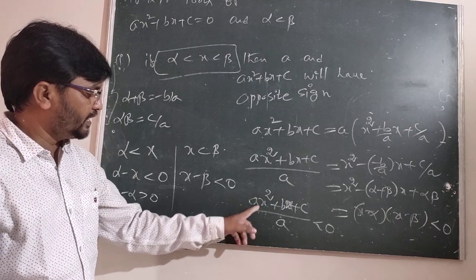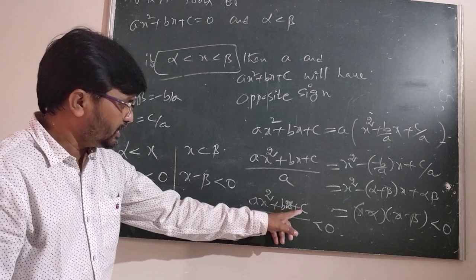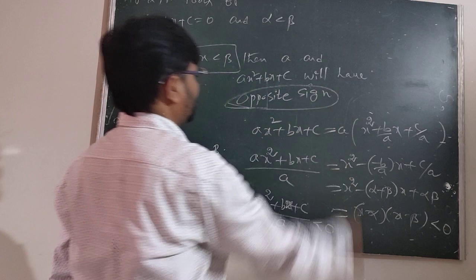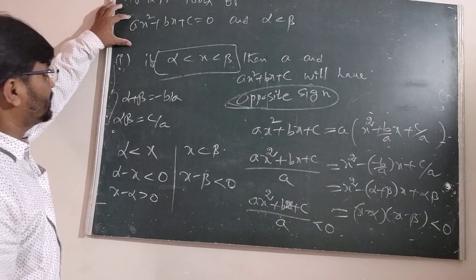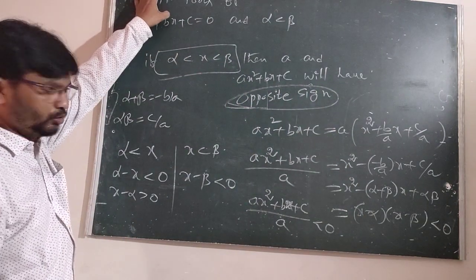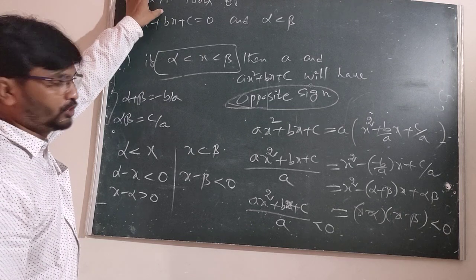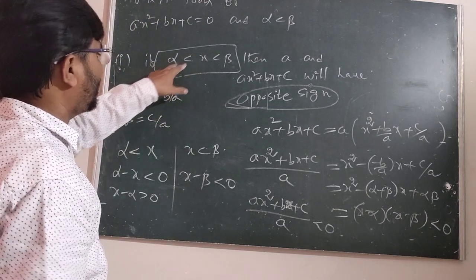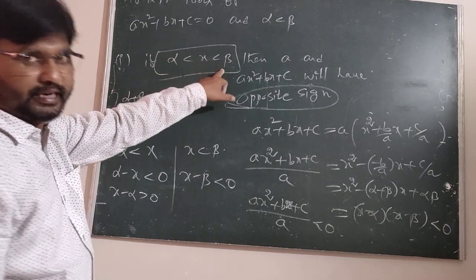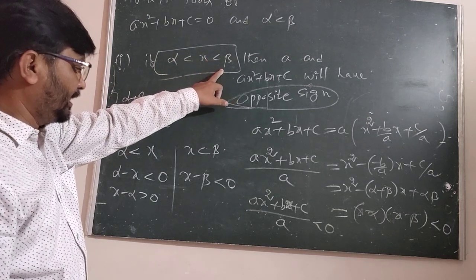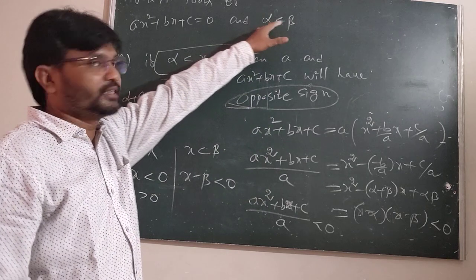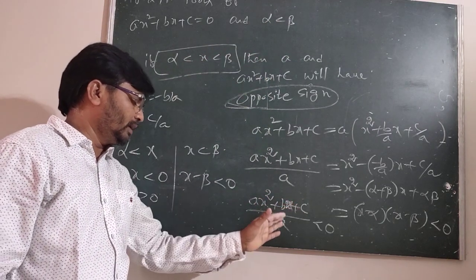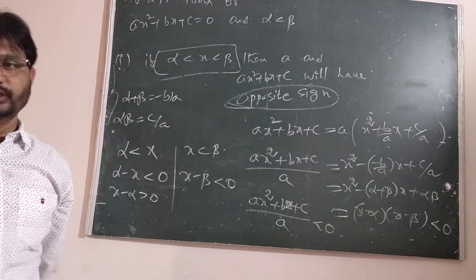Then you can write ax square plus bx plus c and a have opposite sign. Here you observe the expression has two different roots. Therefore x lies here, alpha less than x less than beta, where alpha is less than beta. Then ax square plus bx plus c and a have opposite sign.